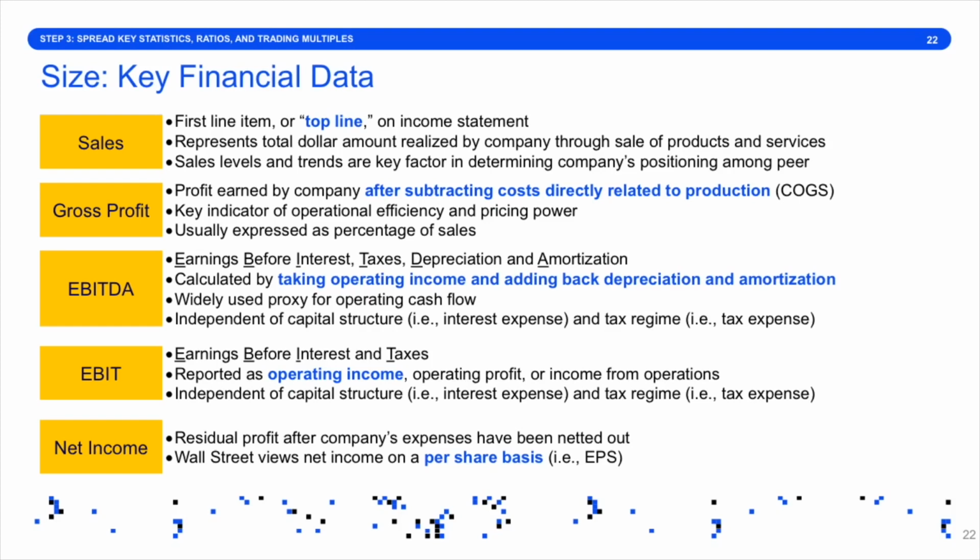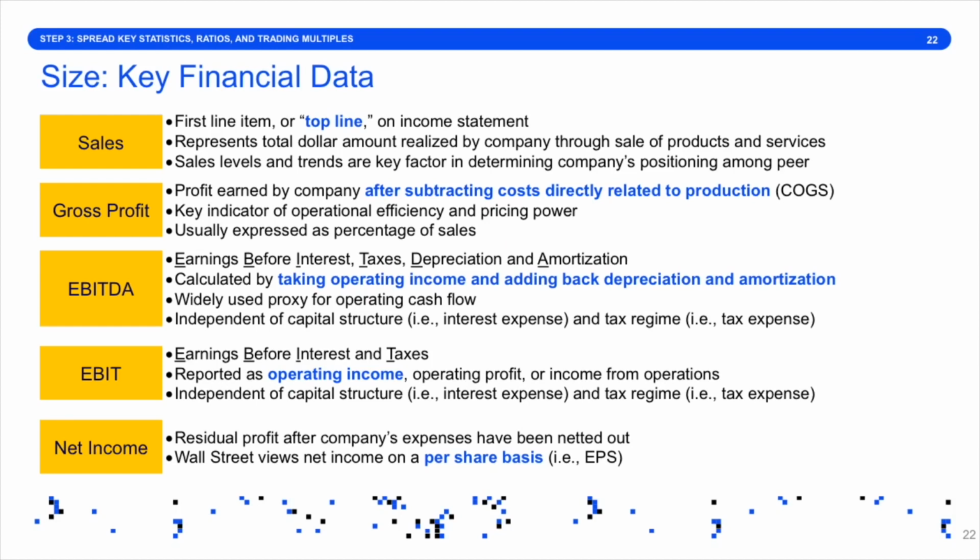And EBIT, really what it does is to give me a multiple based on the operating side of the business, not looking at the tax regime, not looking at the cost of debt. Okay? So that's it.